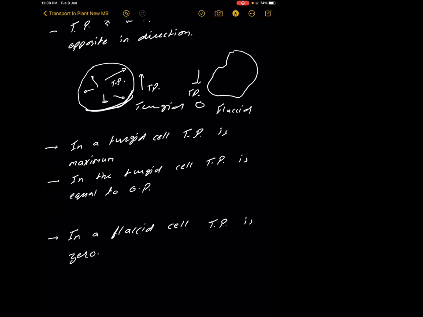So here Tp is 0. Osmotic pressure is maximum. It means it is a thirsty cell. Its power of absorption is more. There is no turgor pressure, there is no entry of water. The solution is concentrated. It means there is a chance for water molecules to enter. Is it clear?